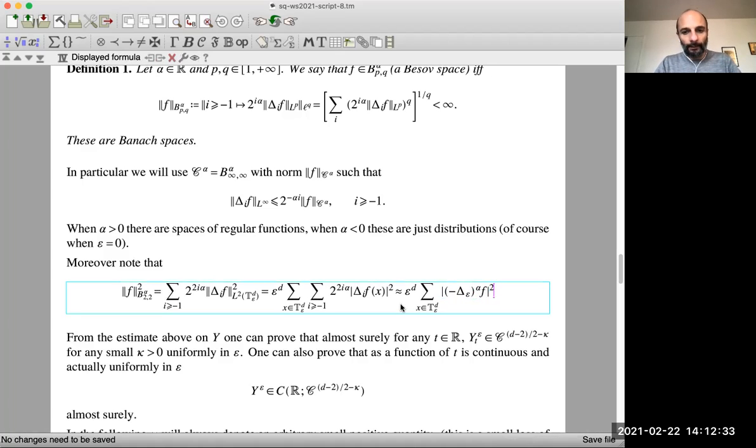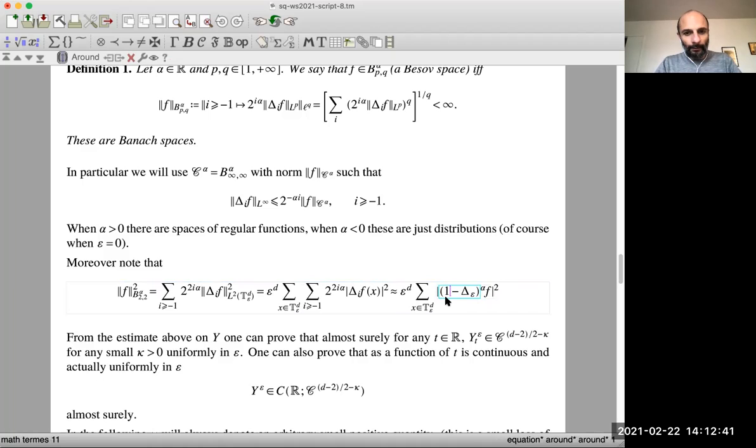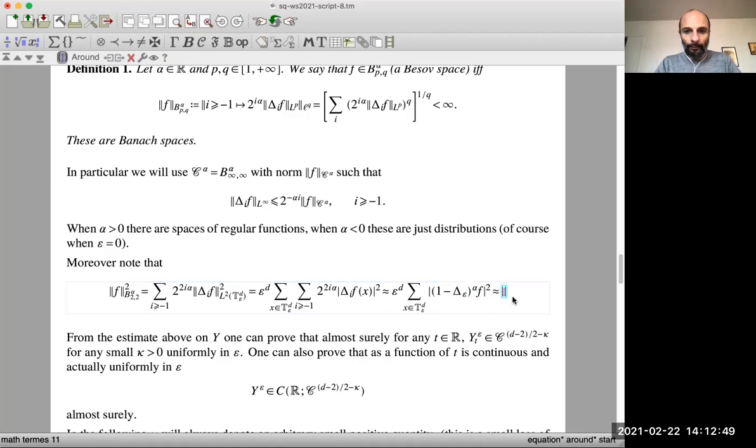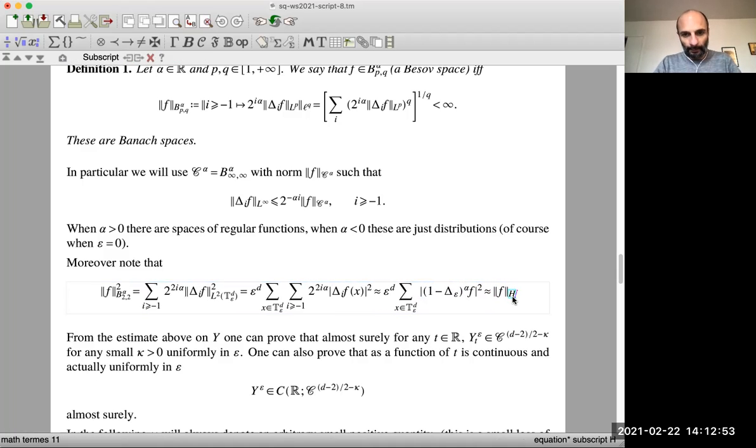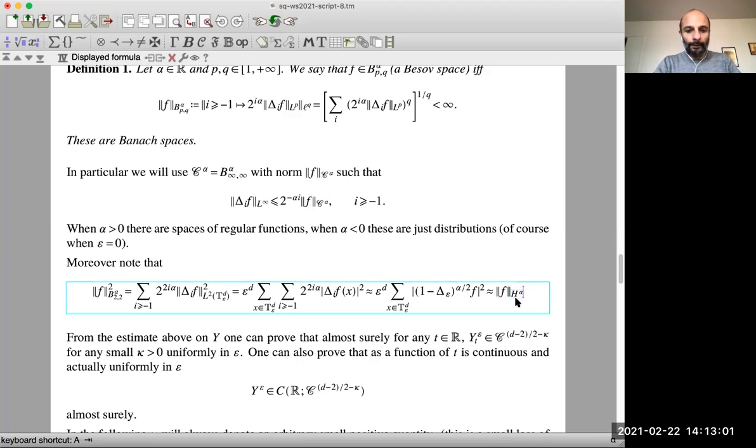Maybe we need the homogeneous norm. Yeah, I think so. So it's something like this, and you can call this some Sobolev norm of order alpha over 2, of order alpha, squared.